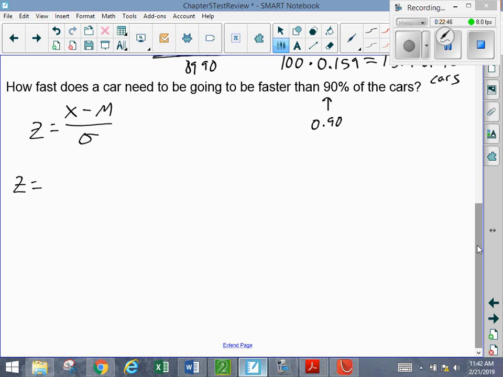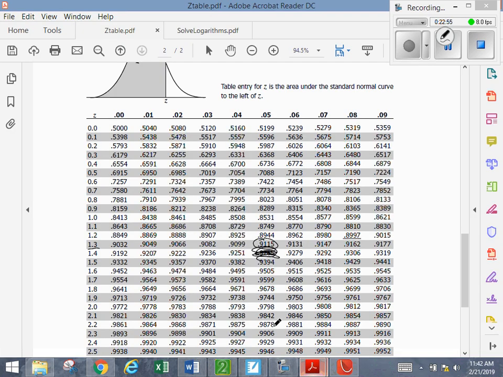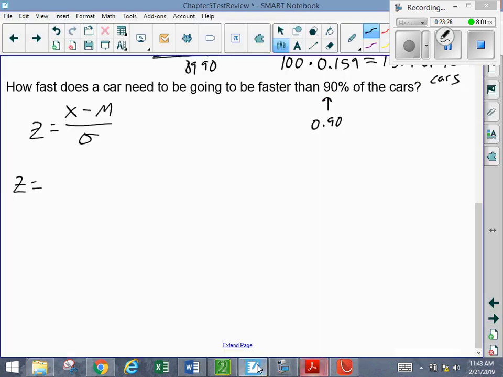So if I'm going to use my handy-dandy table, I'm going to go to my table and find 0.9. Inside the table, the closest value that I can find to 0.9 is 0.8997. So that corresponds to a z-score of 1.28. Okay, 1.28.